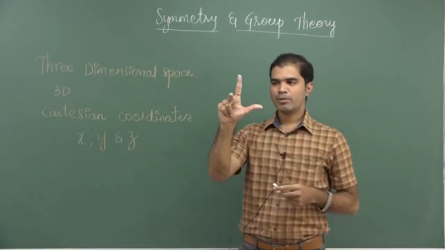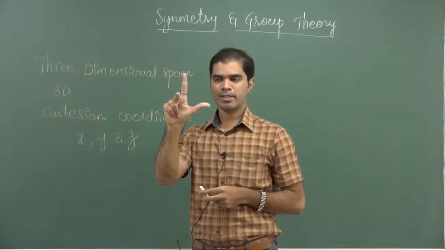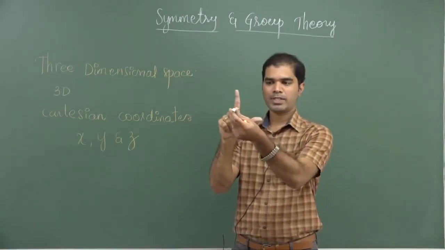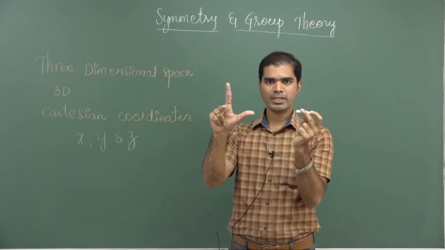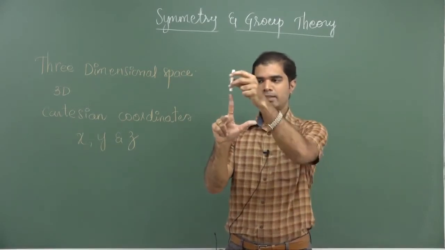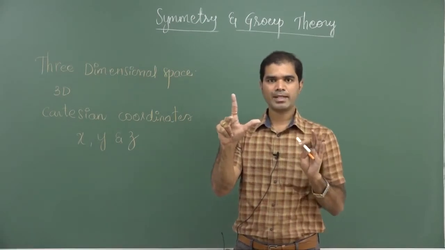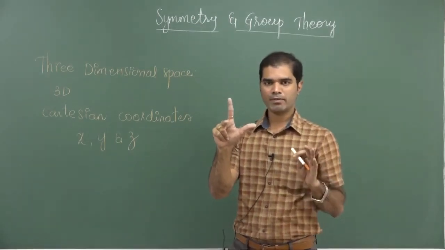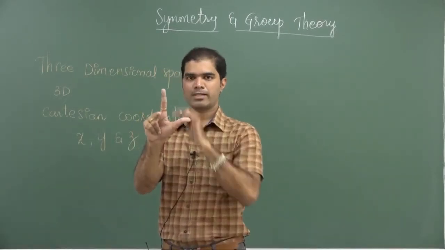Okay. So whenever we show the fingers in this way, this by convention is taken as x axis and this by convention is taken as y. This is taken as z. Okay, as I say, it is a convention. So it is for our convenience to understand, I have taken this as x, y and z.